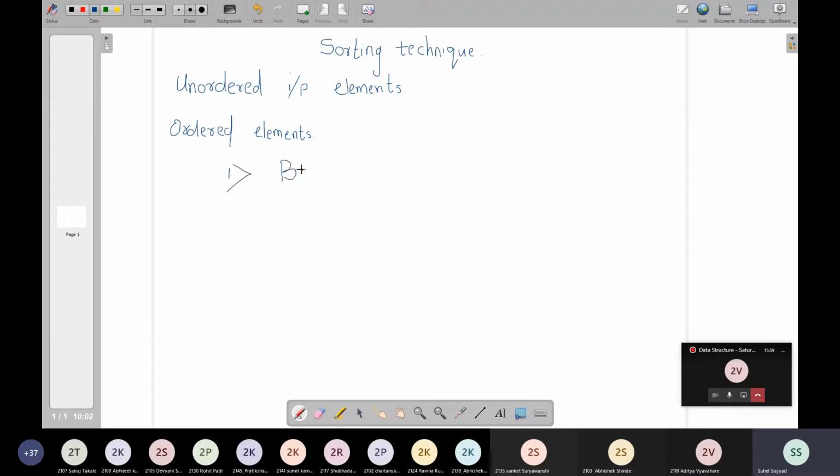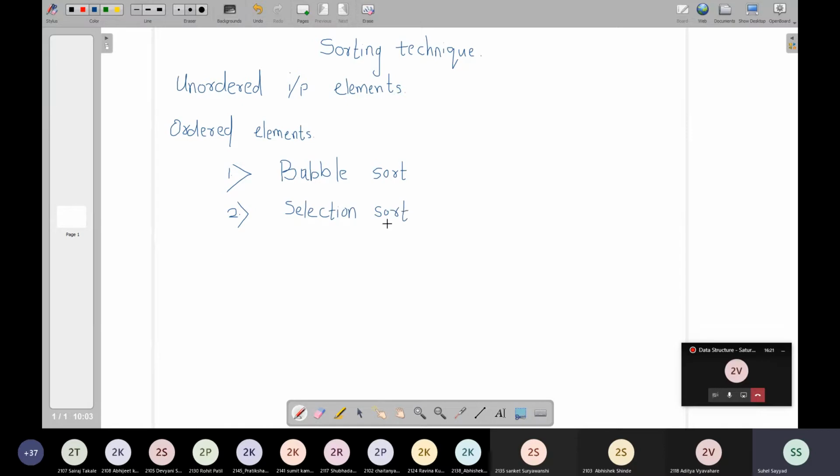Before that, let us list the different sorting techniques we are going to study in our curriculum. First is bubble sort. All of you can make note of these sorting techniques which I am writing on the whiteboard. Bubble sort. The second one is selection sort.